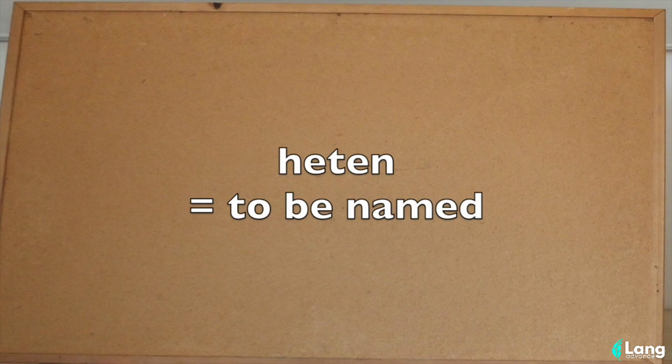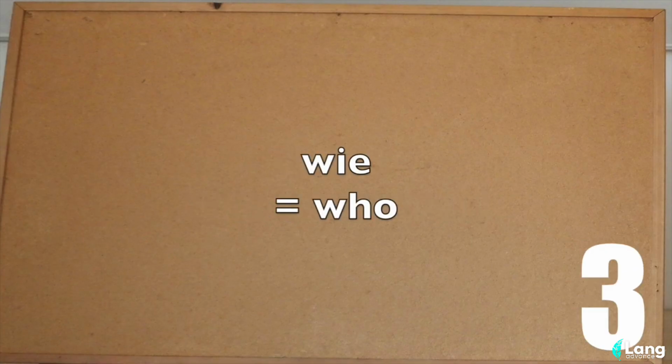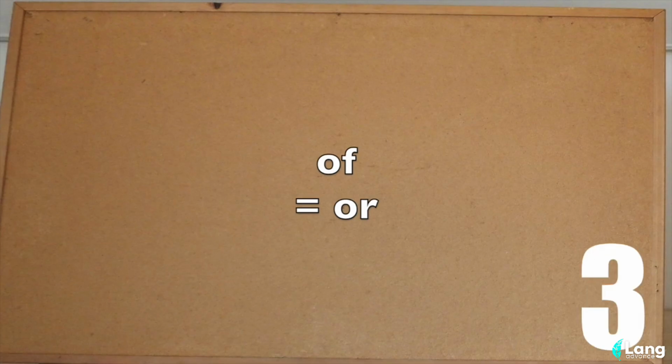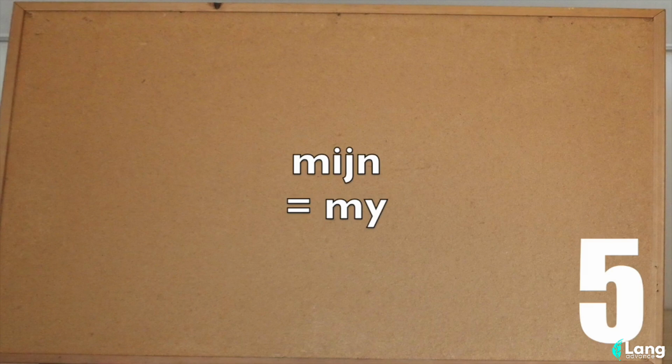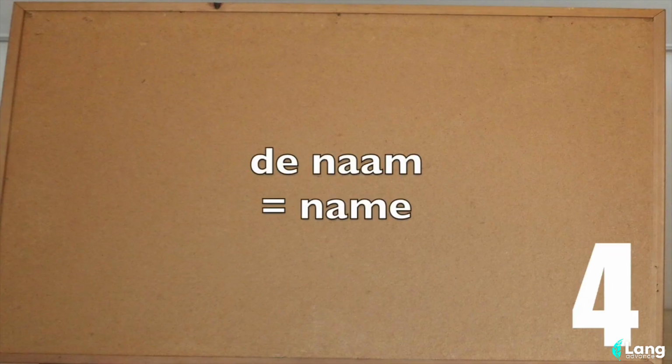Heten is to be named. Wie means who. Of means or. Het Engels, that's a language, that's English. Mijn is my. De naam is name.